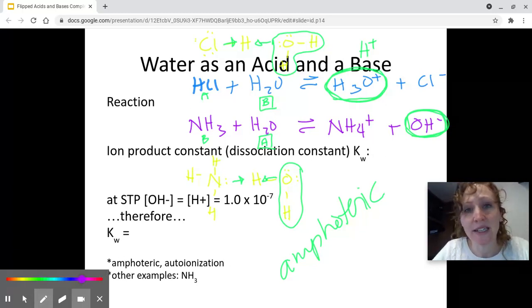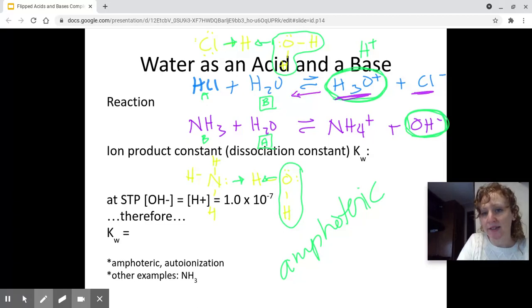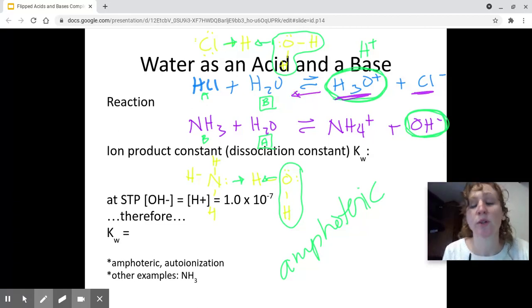Okay, so in the first equation, if hydronium reacts with chloride, okay, so notice we're looking at the reverse reaction. Hydronium would be acting like the hydrogen donor. It's going to be an acid. Chloride would be acting like the hydrogen acceptor. It's going to be the base.